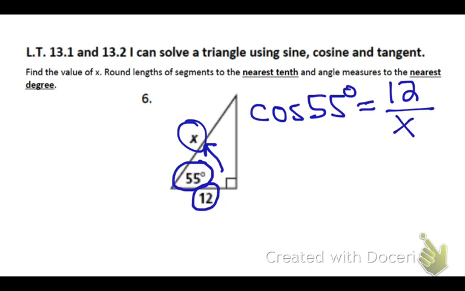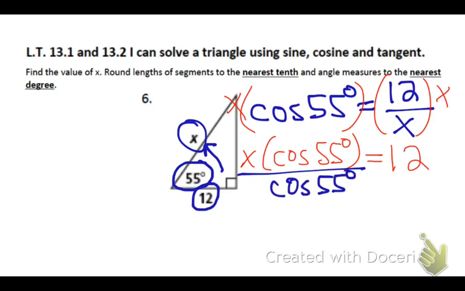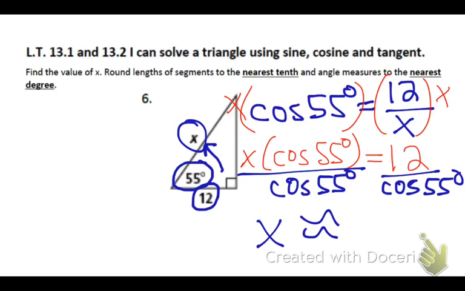And again, this one has the x on the bottom, so it's a two-step. So multiply by x first. So then that's 12 equals x times cosine of 55. And then we're going to divide by cosine of 55. So x is approximately, and then we just type that in.